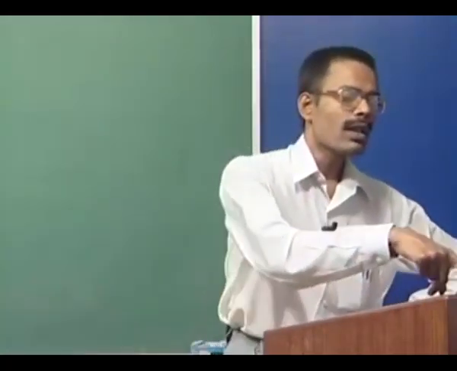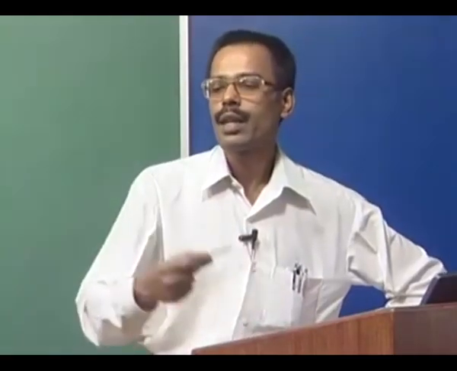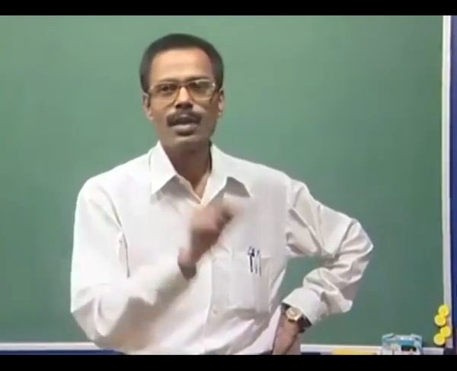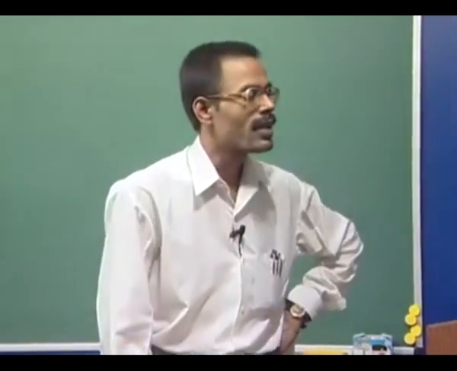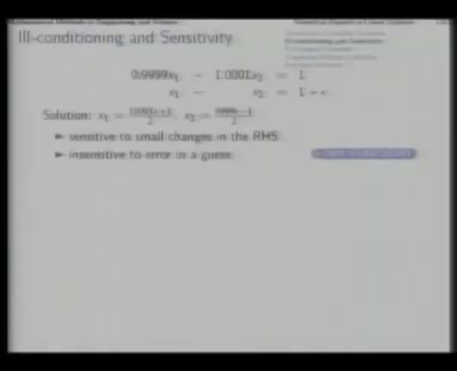That will mean that with small errors in the data, the final solution will suffer badly, and this is the result of that ill conditioning. In this sense, it is ill. If there is a person who is not well, who is suffering from bad health, then small exposures to heat, cold or fatigue will put him to other illnesses, and in that sense this coefficient matrix will be ill.